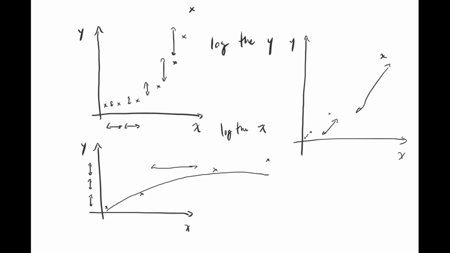So the defining characteristic of this one, where you log both x and y, is that you have growing spaces between your points as you go along both your x-axis and your y-axis. Does that help? Yeah, definitely. Thank you. Yep.